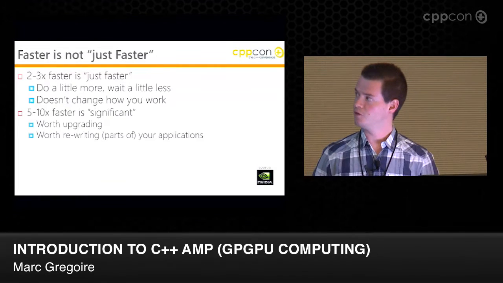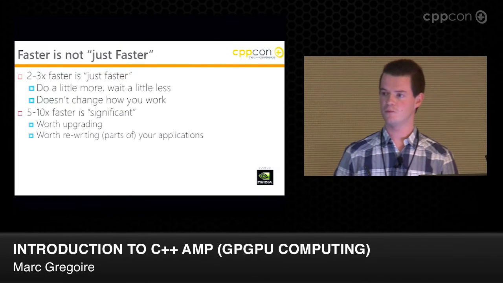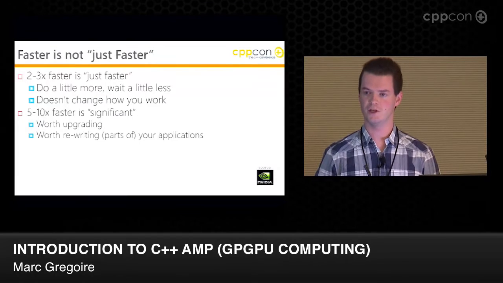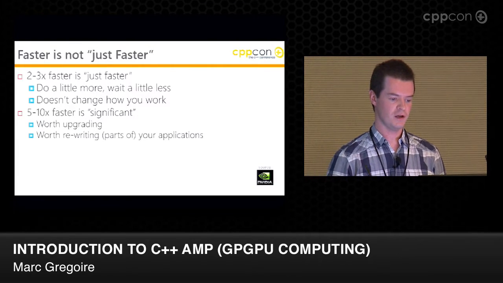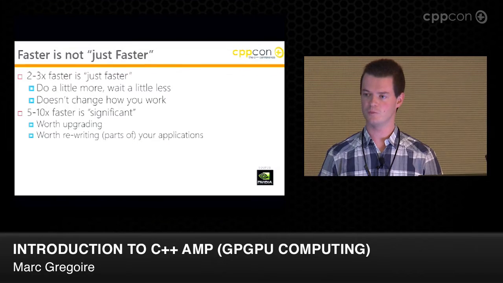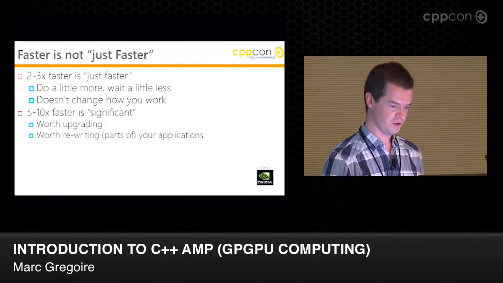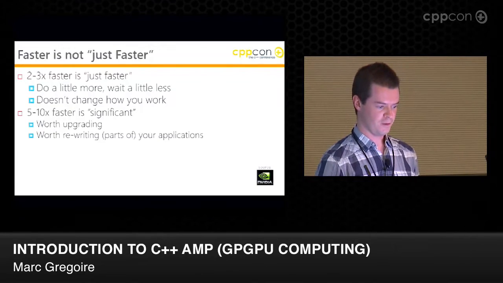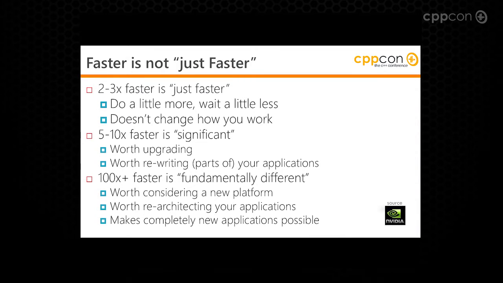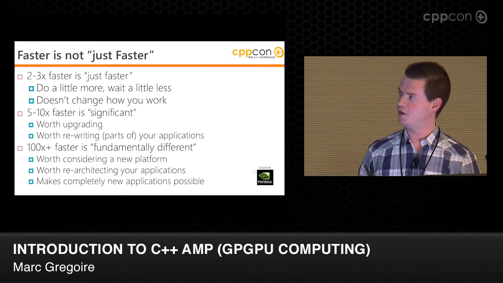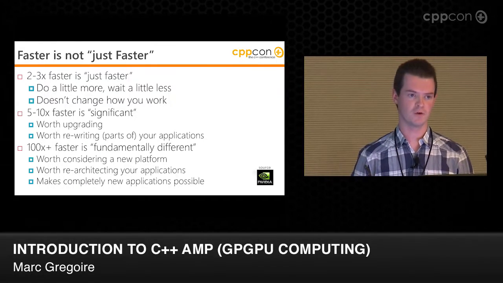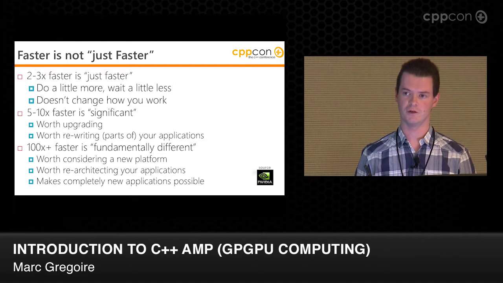If you're speaking about a 5 or 10x performance increase, that's already starting to become significant, so you might start considering rewriting parts of your algorithms or applications. But if you're talking about a 100x performance increase, and that's something you can reach using C++ AMP, then that's actually a game changer. Then you might consider changing your complete platform or re-architecting your complete application.